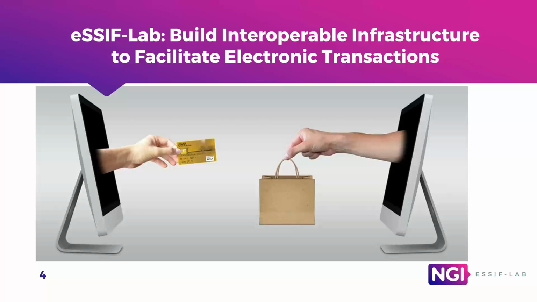ESSIF-LAB is about facilitating electronic transactions. So we are in the world where parties interact with each other electronically, and the one that we're most familiar with is consumer to business, where a consumer visits a web shop, but also business to business, and sometimes even machine to machine are definitely within the scope.